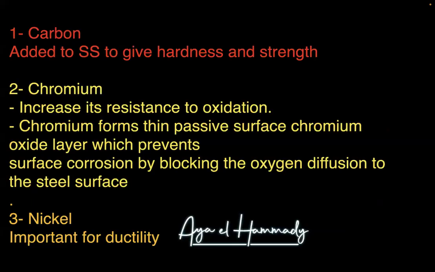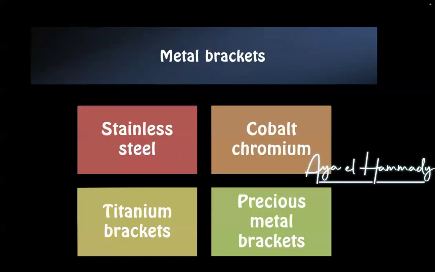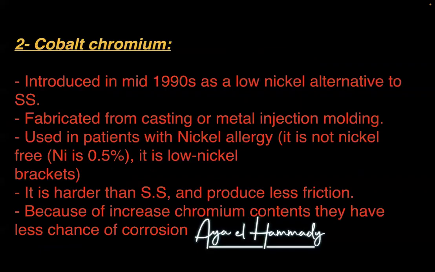Why are we going to add carbon here to the stainless steel? It gives more hardness and strength. Chromium will be resistant to the oxidation that may happen, okay? And also, it prevents corrosion from happening. The nickel is very important for the ductility of the material, okay?